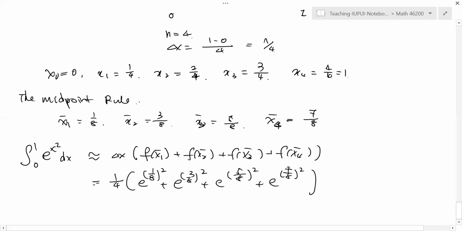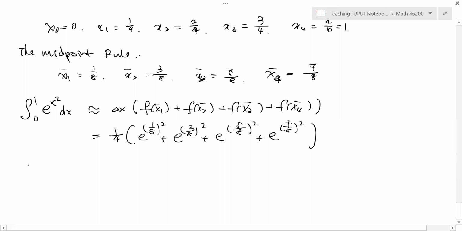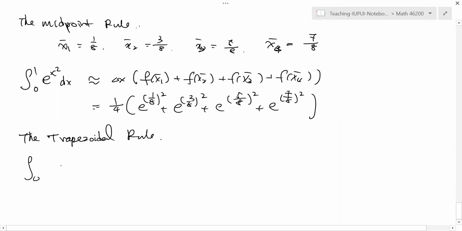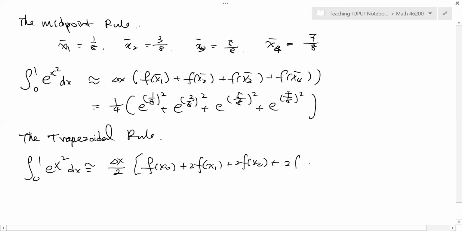Now, if we want to use the trapezoid, we call it the trapezoidal rule, and the expression will be slightly different. I remember this is going to be delta x over 2, and we're not using the midpoints, actually we're using the endpoints, with twice f of x1, twice f of x2, twice f of x3 and f of x4.